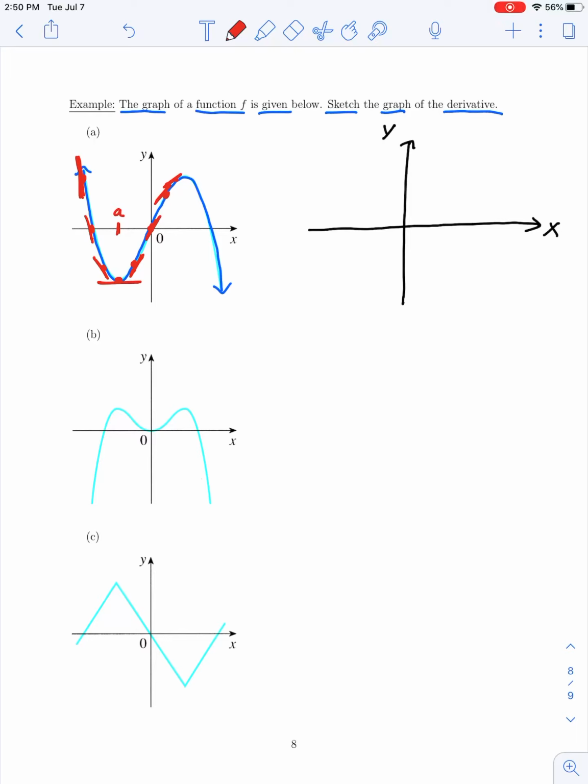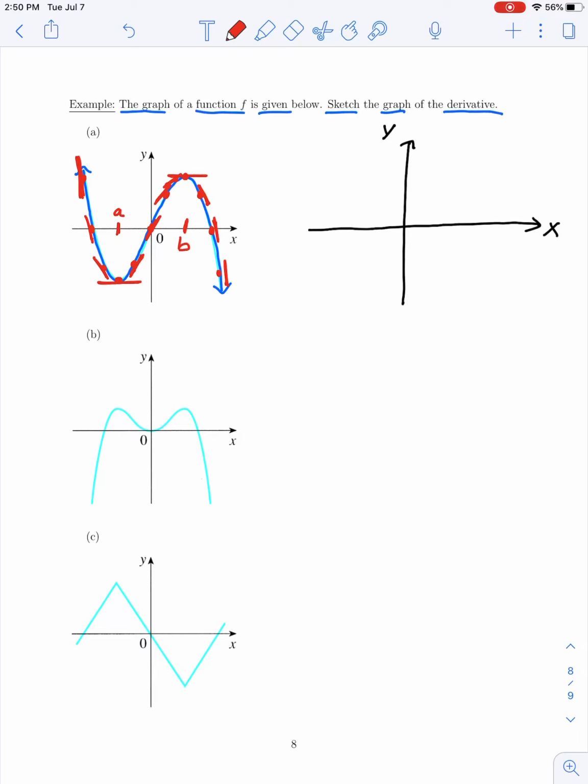They're not quite as large. Until we get to this x value, let's call this x equals b, where, again, I would have a horizontal tangent line, or a tangent line of zero slope. And as I keep increasing the value of x, now again I find the slope of my tangent line becomes negative, and the larger that I'm making x, it looks like my slope is getting steeper and steeper.